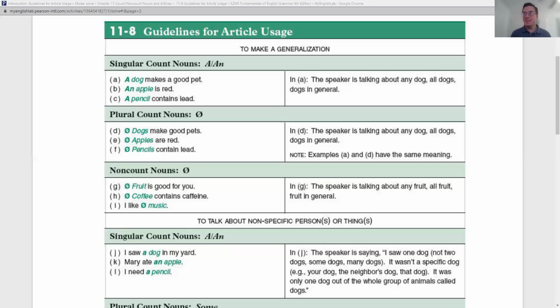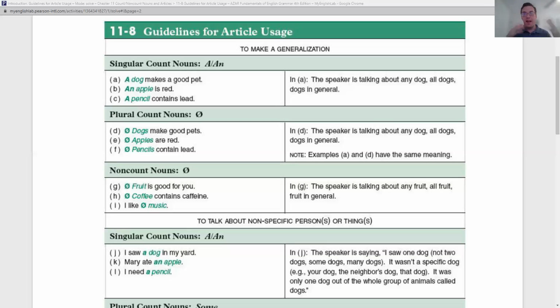But if you look at examples D, E, and F: dogs make good pets, apples are red, pencils contain lead. We see that I can use the plural form when I make a generalization. So again, I'm talking about all dogs making good pets and all apples being red. That's not really true, but it's a generalization, right?